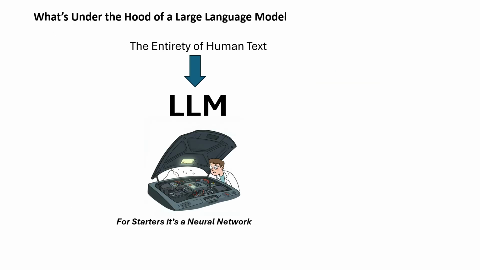Now, what's under the hood of a large language model, which is what we really want to concentrate on? The input is going to be the entirety of human text, and what's under the hood, for starters, is a neural network. So we want to apply those same ideas we had when we looked at that very simple neural network, 4 inputs and 2 outputs, and coming up with weights and biases that minimize the calculated error from the actual data.